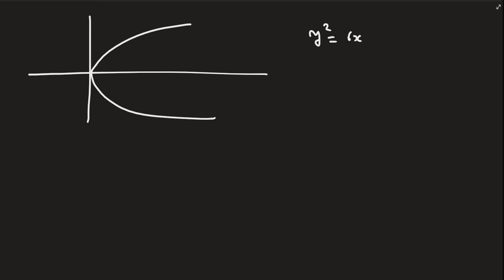Here we have to construct one equilateral triangle with one vertex at the origin. Because the triangle is equilateral, this angle should be 30 degrees.